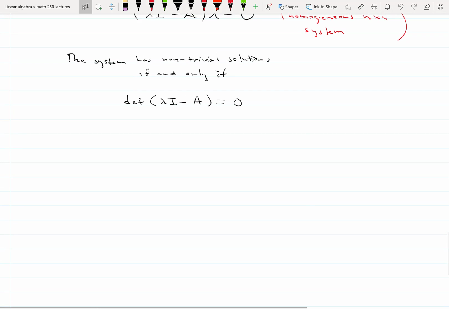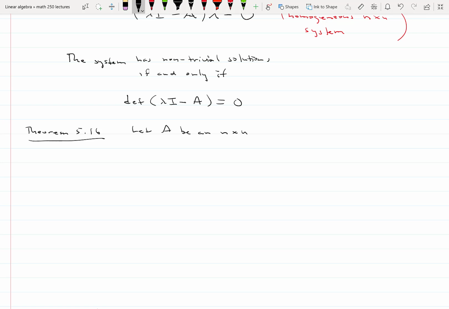That's stated in Theorem 5.16 in your text. We basically just derived it. Theorem 5.16 from our text starts out like this. It says, let A be an n by n matrix, so let A be a square matrix.